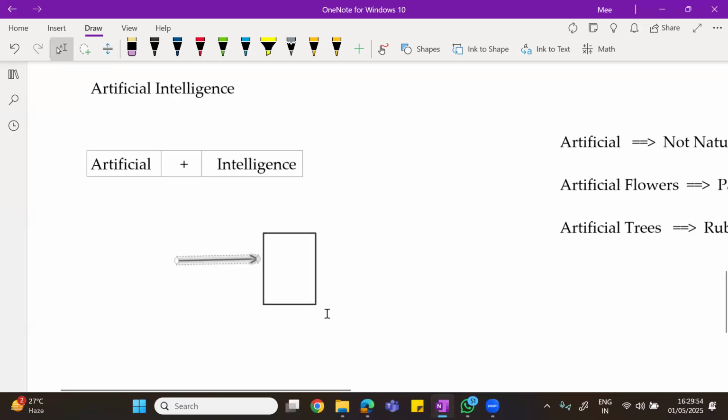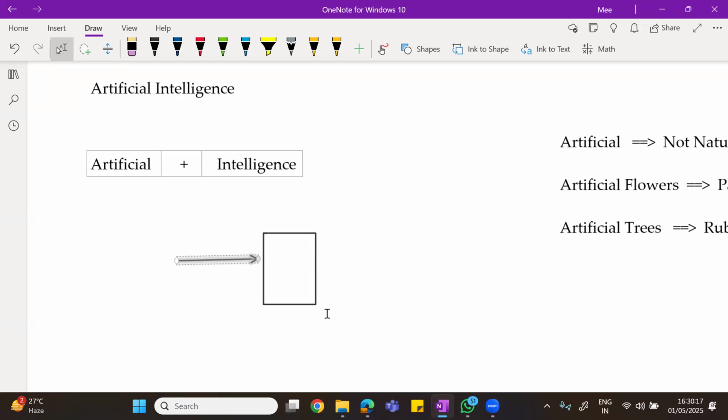Now there are two questions that should come into your mind. Whenever we are saying the word artificial, for example, there's a laptop or mobile. We will not say artificial laptop, artificial mobile. No, that's a laptop and that's a mobile.